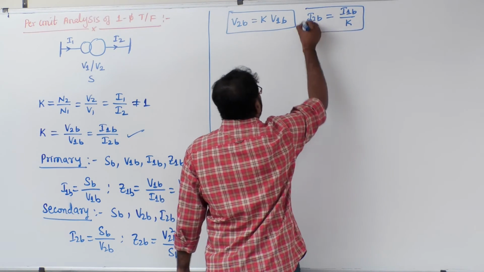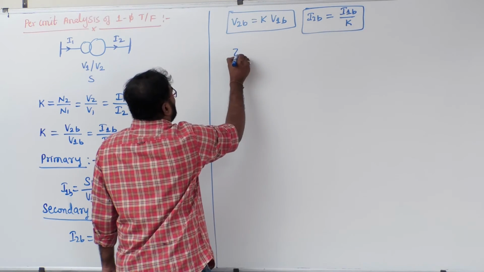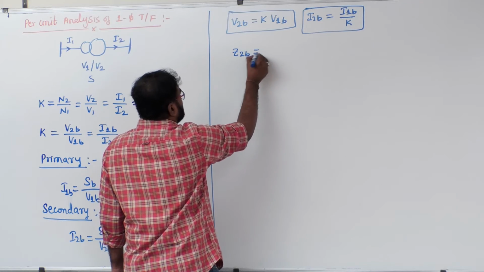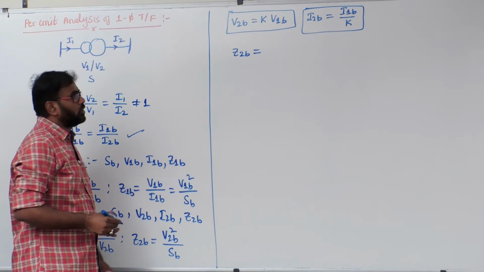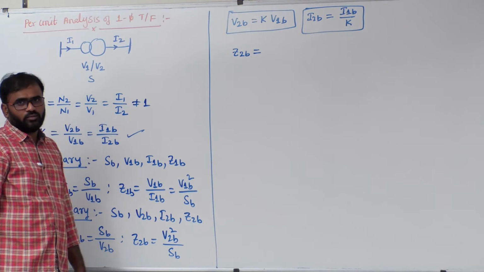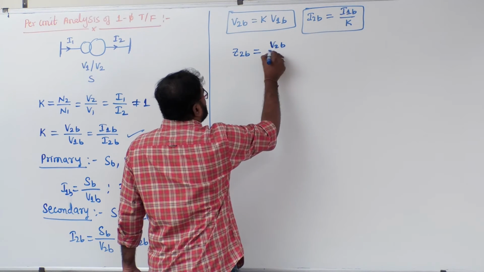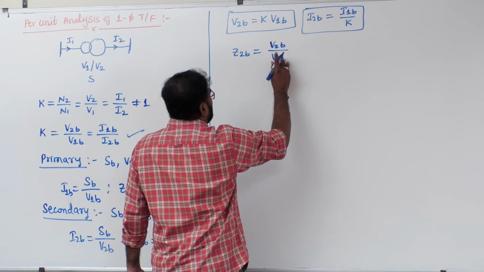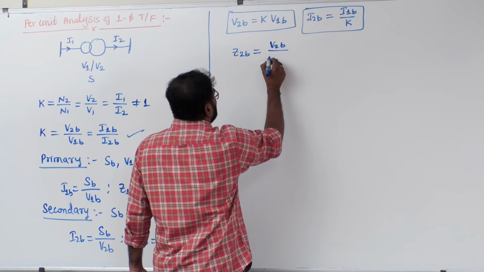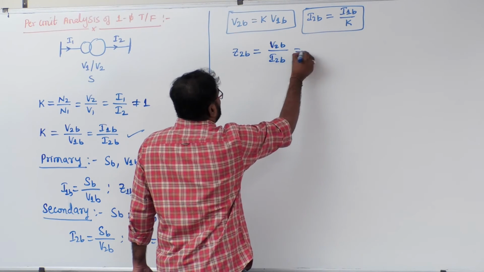Now what about Z2 base and Z1 base? Z2 base equals Z1 base into K square. Otherwise, what is Z2 base? It is V2 base by I2 base. Let's substitute.